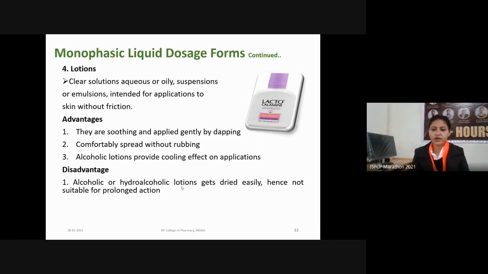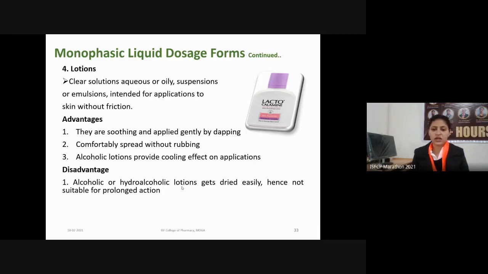But in the case of lotions, we do not have to spread them by rubbing. We can easily just tap it on our skin. Alcoholic lotions provide a cooling effect on application. The lotions that contain alcohol in their preparation can cause a cooling effect when they are applied. These are the advantages of the lotions.